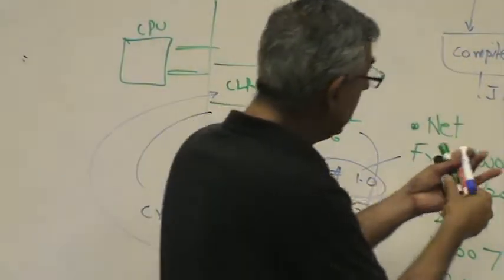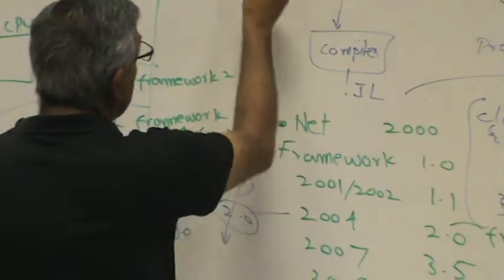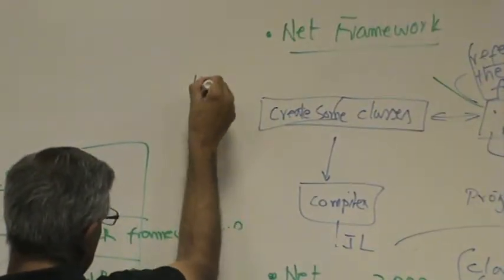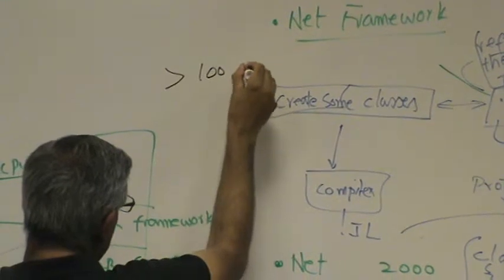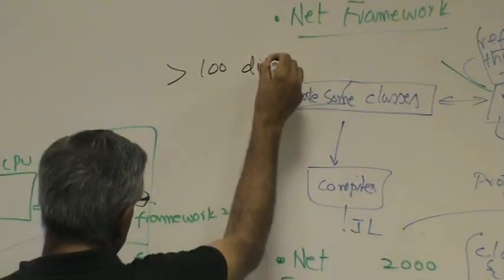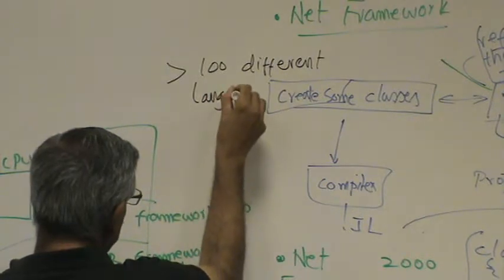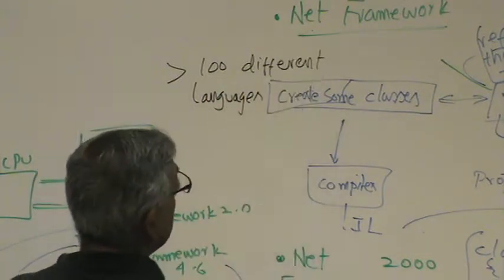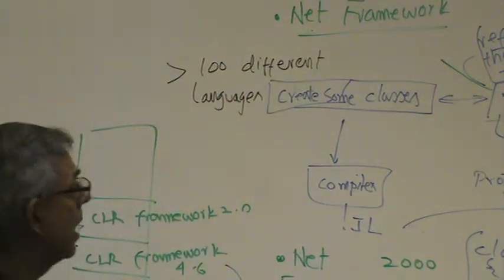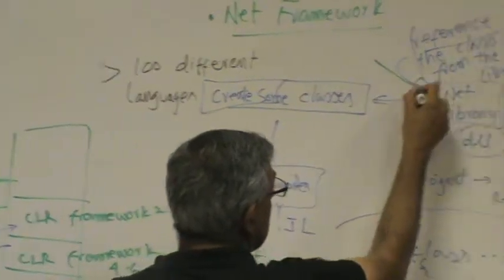Another small comment was that, as I mentioned, there are over 100 different programming languages that we can program under the .NET, and all these languages share the same library.